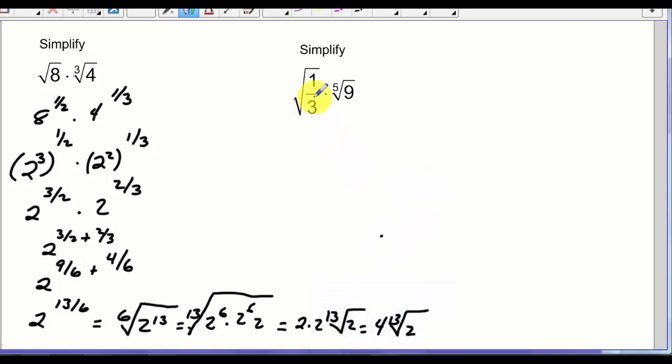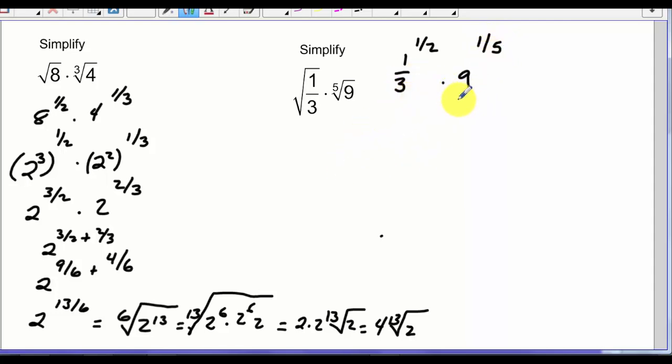Let's move on. Very similar problem here. We have 1/3 to the 1/2 power, and that's going to be multiplied by 9 to the 1/5 power.